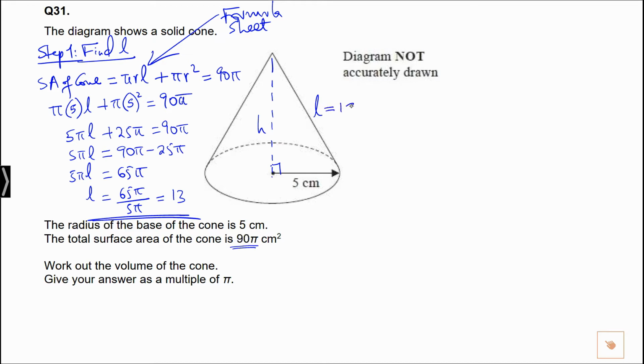So this is 13. And then from there, step 2, find the height.